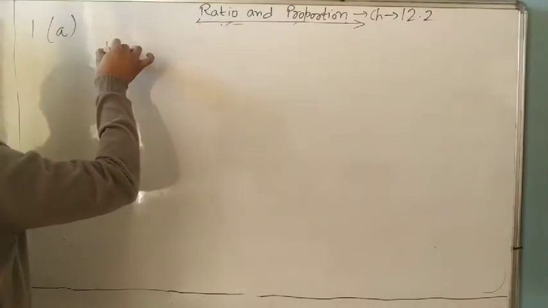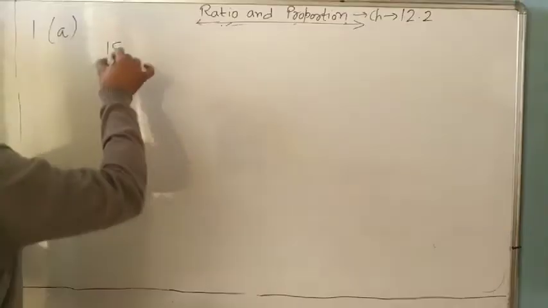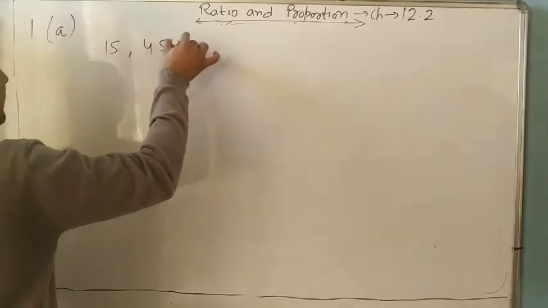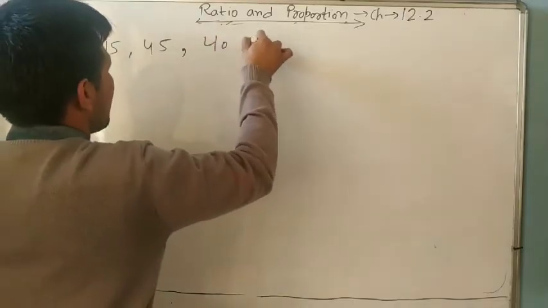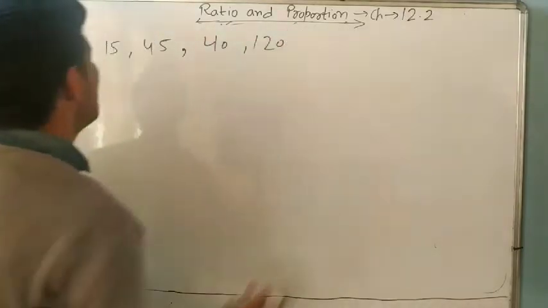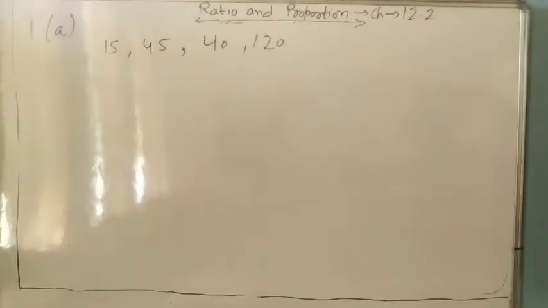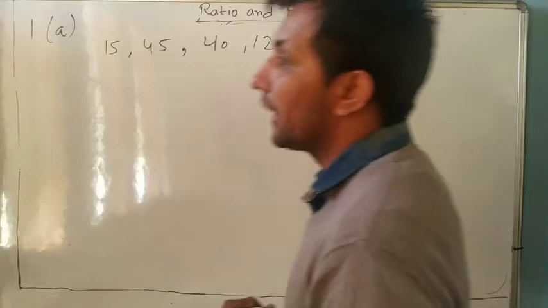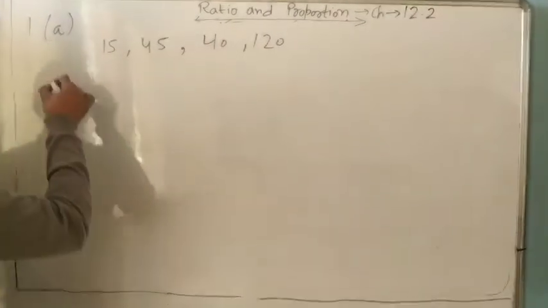Determine means find. 15, 45, 40 and 120. We have to find whether they are in proportion or not. In what condition can you say they are in proportion? If two ratios are equal. So first we will find the ratios.